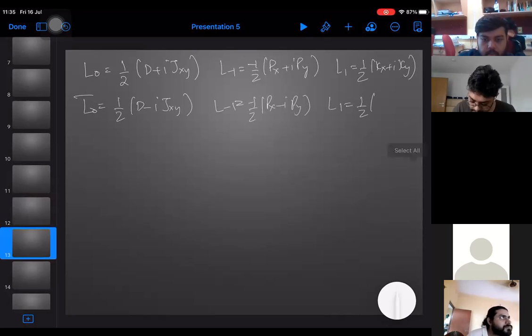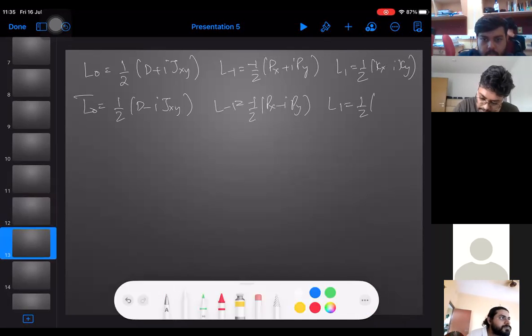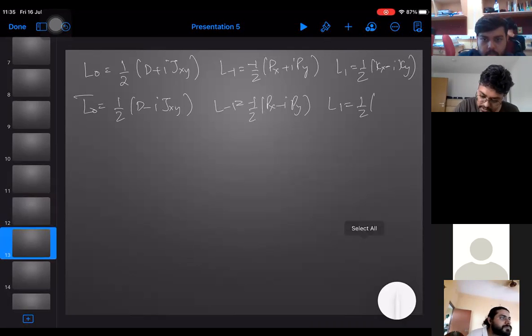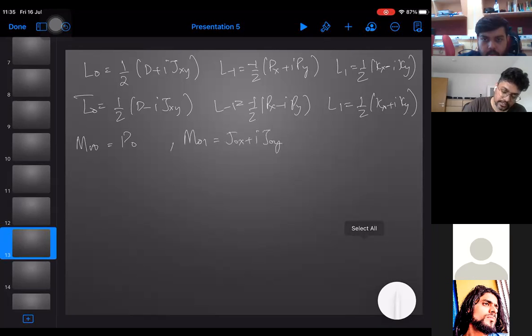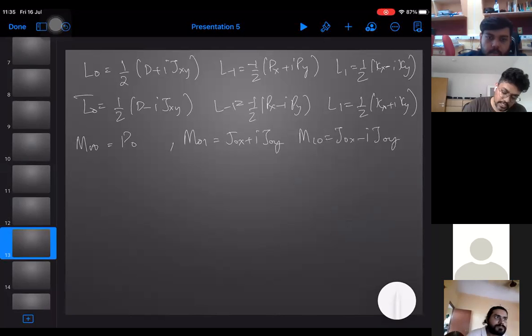Sorry, it's a small mistake. This will be a minus plus dy. And you have the M's, plus ij not y, and M10 also, minus ij not y. And finally, M11 is k0. This is the boost, right?